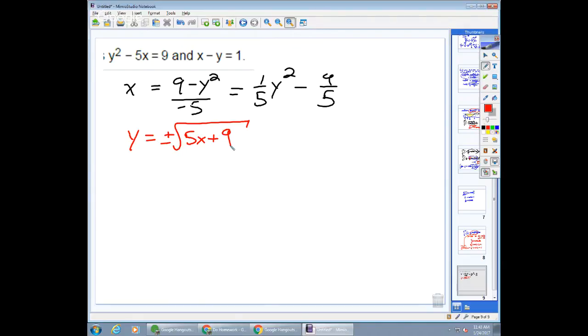All right, so this is a sideways parabola. It shifted, let's see, up 9, no wait, this is with respect to x. So it shifted left 9/5, and it's narrow because the multiple of 1/5. So let's get a sketch of that.